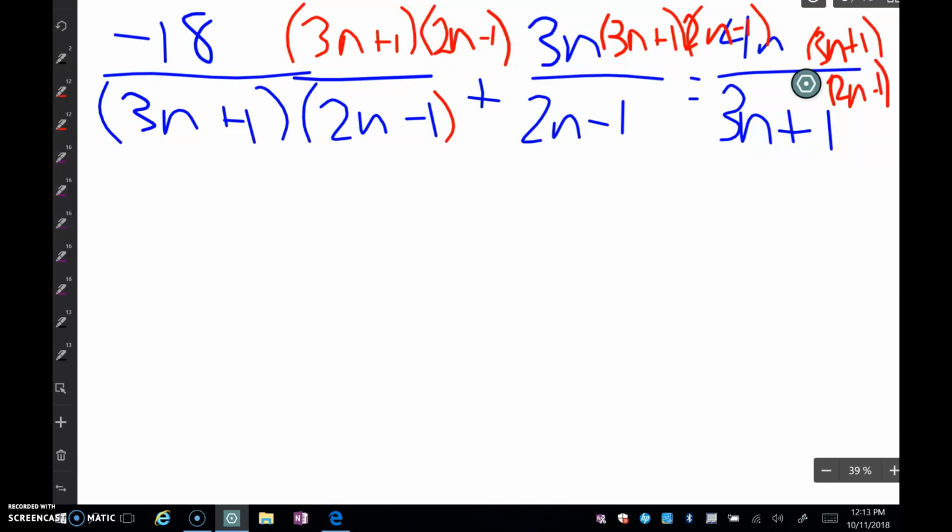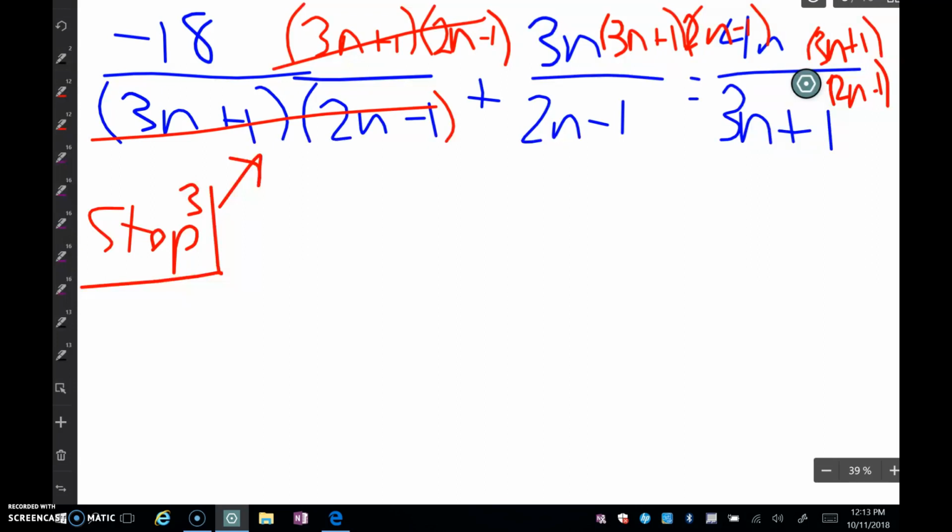So what I'm going to do now, this is my third step, is multiply through by this LCD, and I'm going to cancel. So the 3n plus 1 and 2n minus 1 cancel in my first fraction, leaving me with just negative 18.